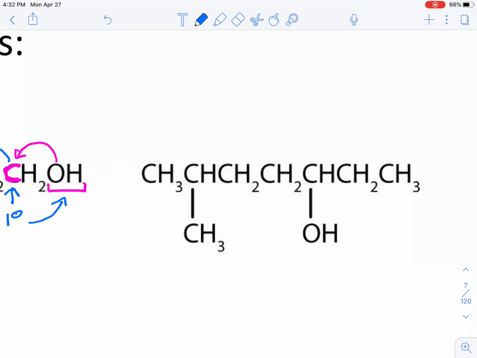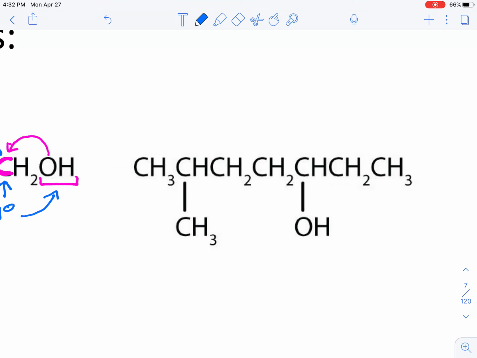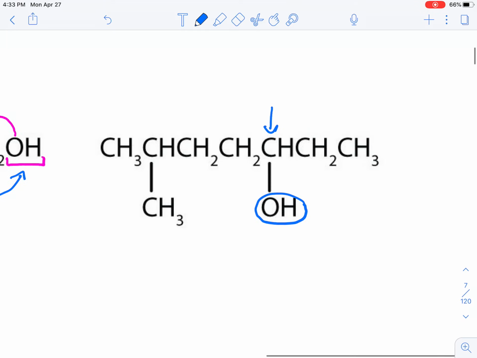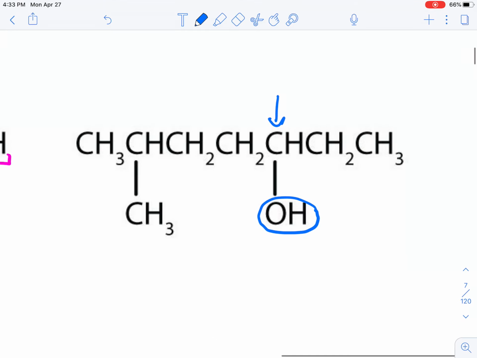And if we're looking at this example, notice that our alcohol is right here, and there is a covalent bond to this carbon. And so this carbon is going to act as our reference point with respect to the alcohol.